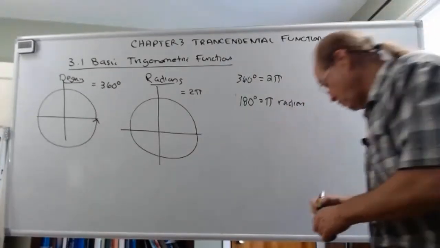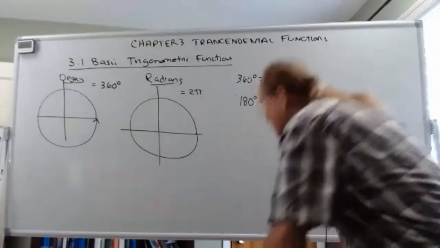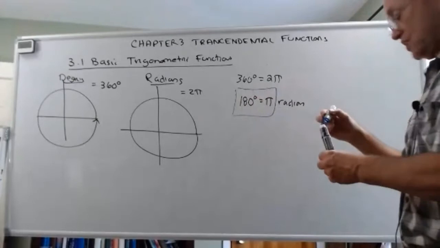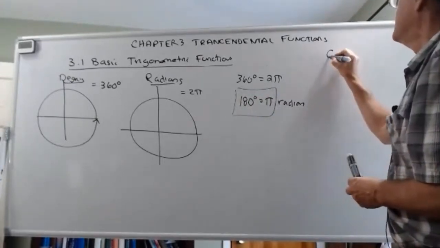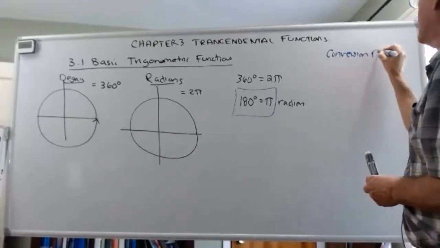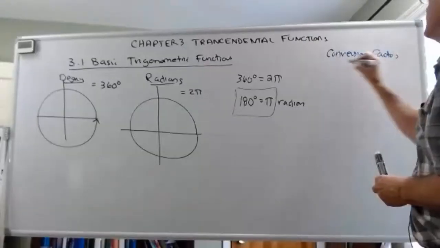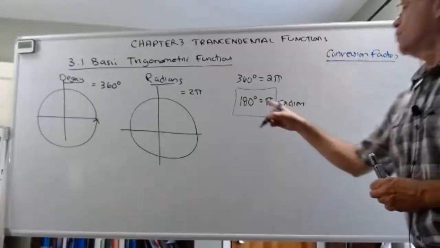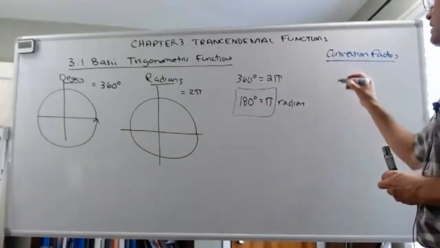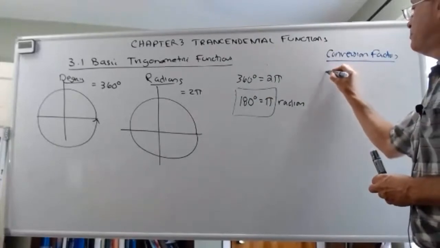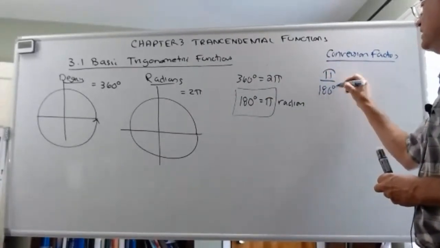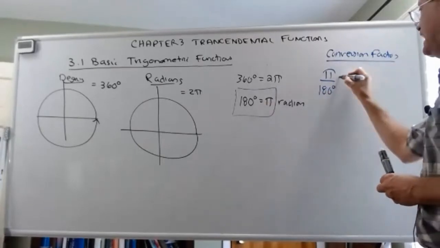We can use this to create a set of conversion factors. So what I can do is divide both sides of this by 180 degrees, and I get pi divided by 180 degrees, which is equal to 1.